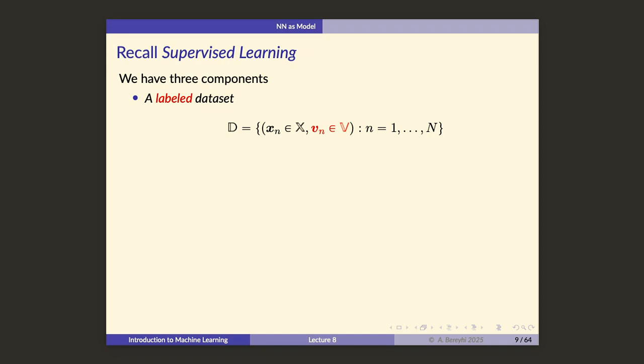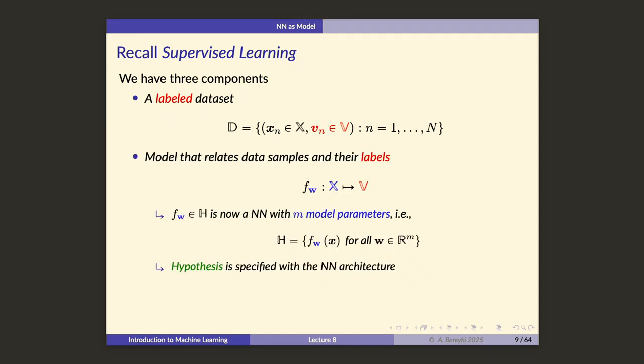And essentially what we want to do is tune one model. So we want to get this model fw such that when it looks at xn, it is going to give us the right, or approximately the right, label, right? So this is again the same problem, but now our model is set by the neural network, right?